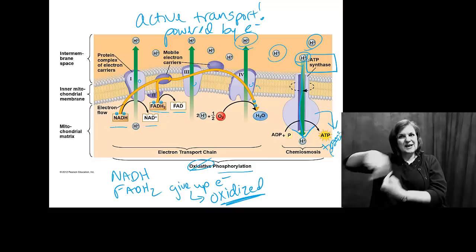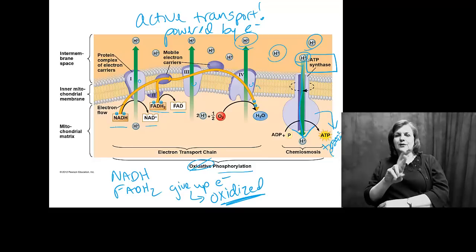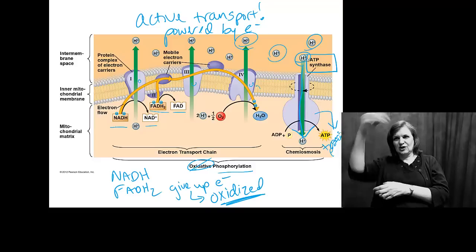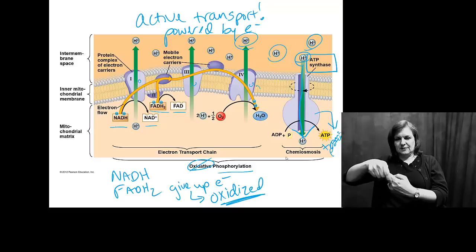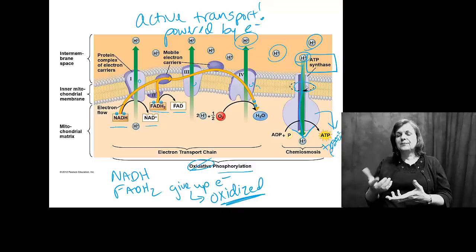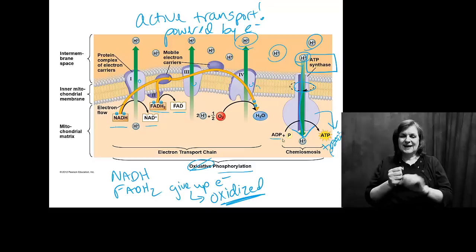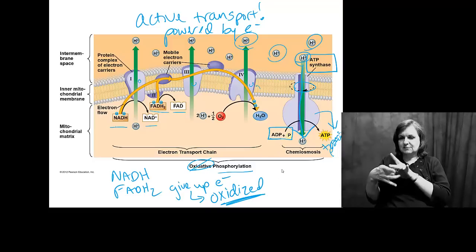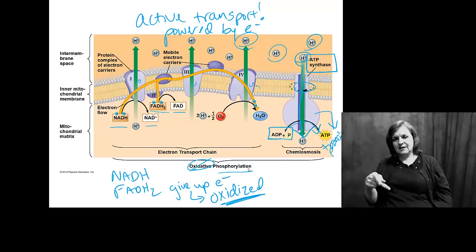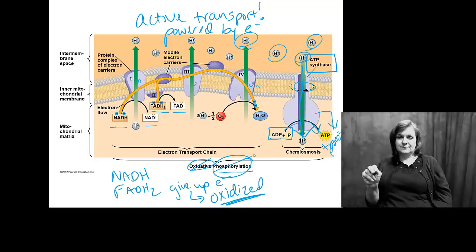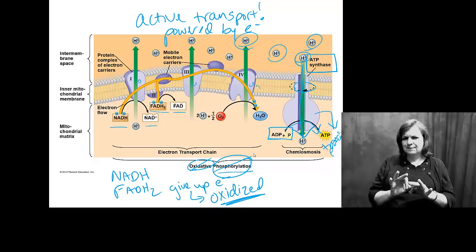And it literally spins. It's powered like a turbine. And when these hydrogens come flying back through, causing this thing to spin around, we are going to give enough energy to squeeze ADP and phosphate together and make ATP. Well, we just did phosphorylation then. That's the whole process. So where does the water come in?